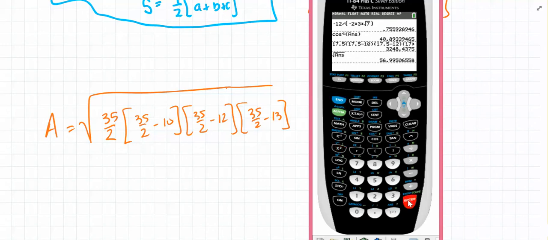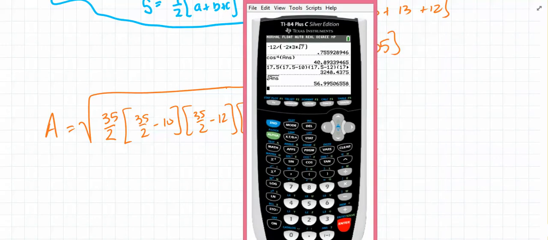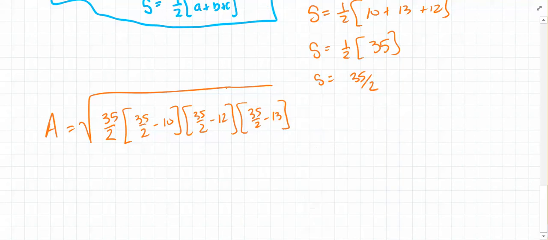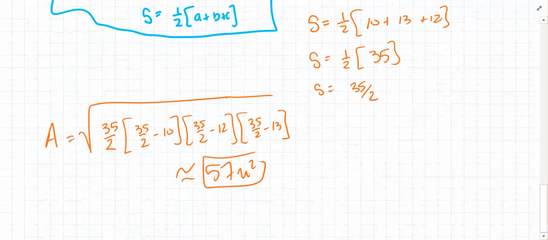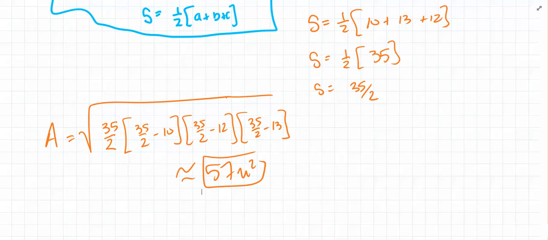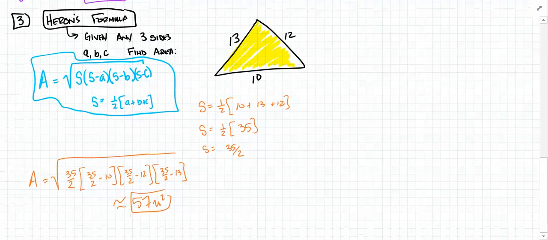So I'm getting about 57. I didn't specify a unit, so the area is approximately 57 units squared. So that right there is Heron's formula, used really nicely when solving the area of a triangle given any three sides.